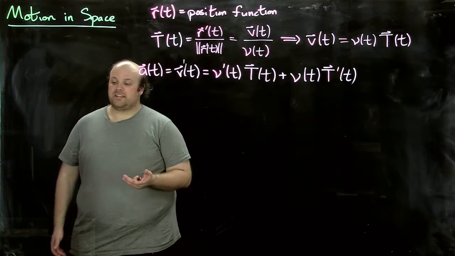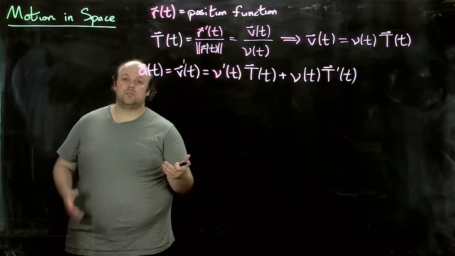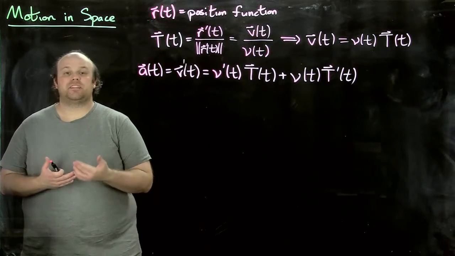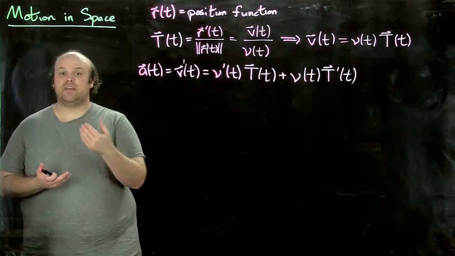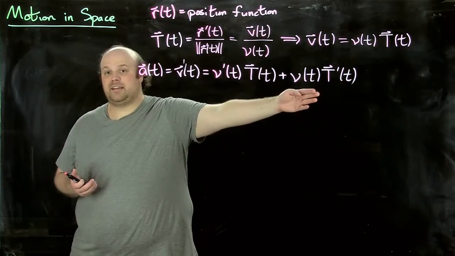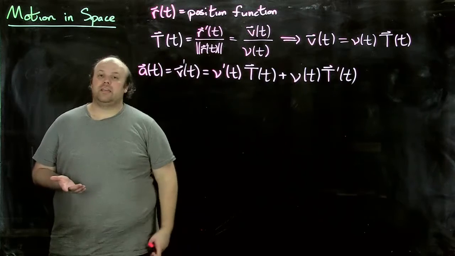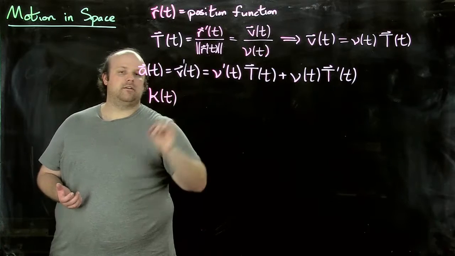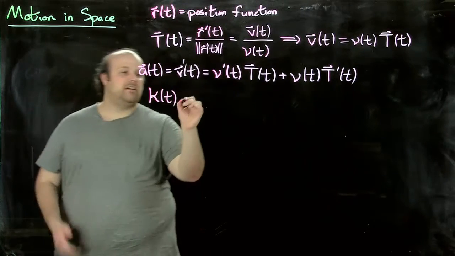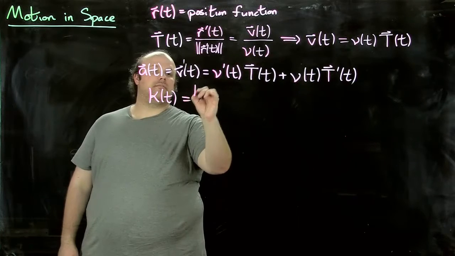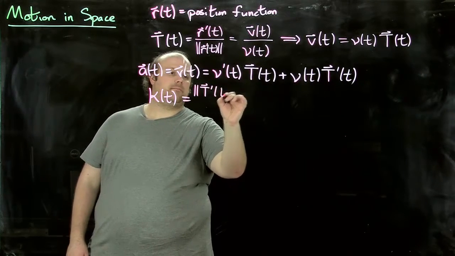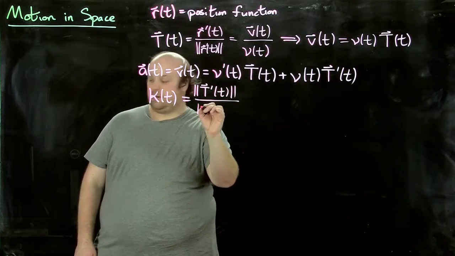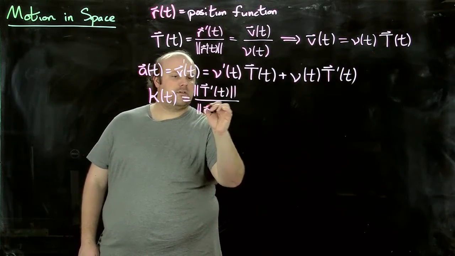The way we're going to get that in there is looking at what the magnitude of T prime is and somehow trying to come up with an expression that will involve N that we can eventually substitute back into here. Well, remember that the curvature, kappa of t, can be thought of as the magnitude of T prime of t over the magnitude of r prime of t.